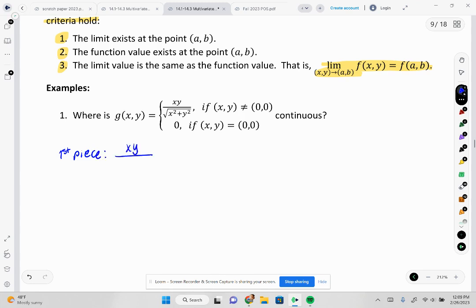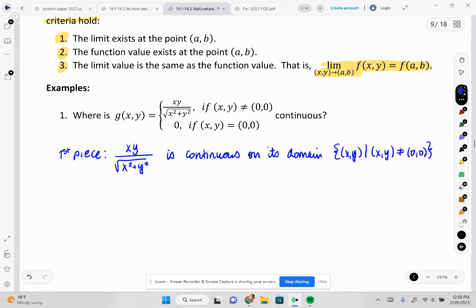That's the xy over the square root of x squared plus y squared. And it is continuous on its domain. And that domain is the set of all xy pairs such that your xy pairs cannot be 0, 0.